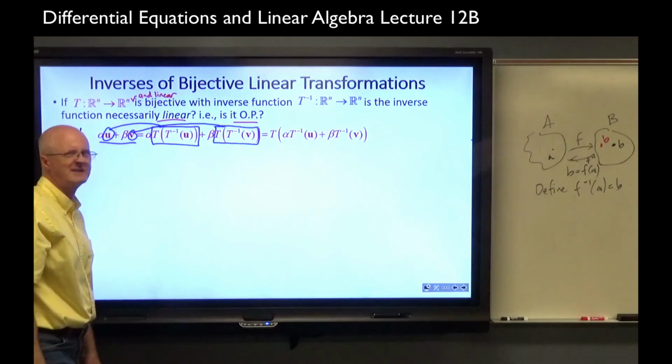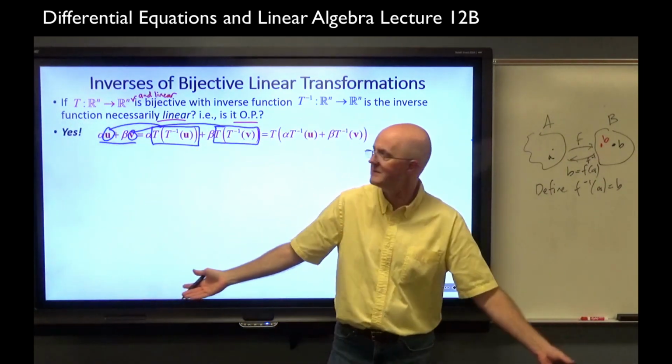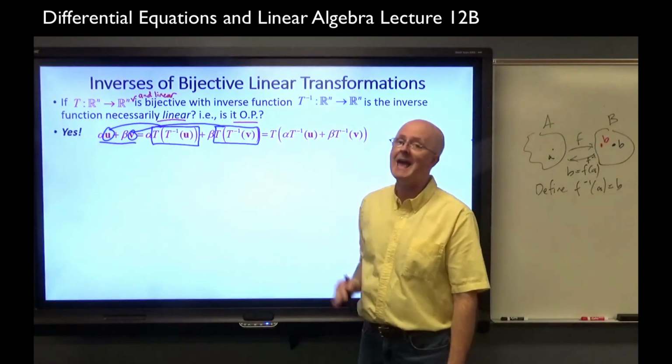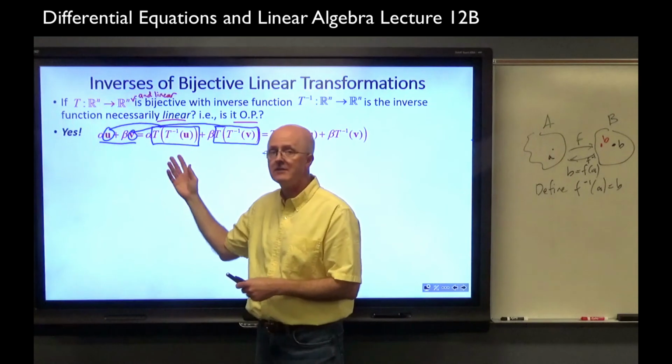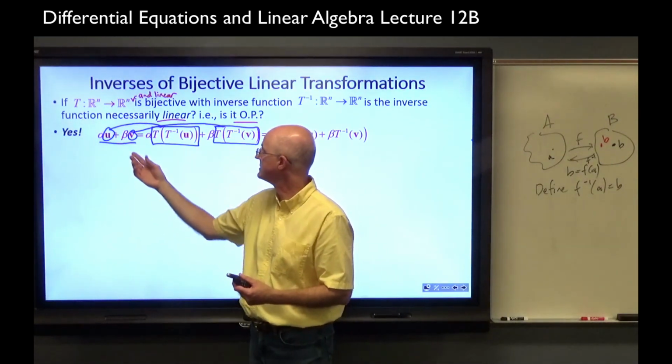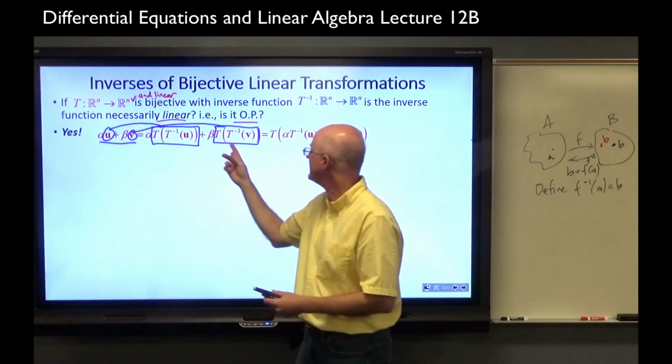And what's trickier is realizing that that's a good idea to do that in the first place. I mean, certainly you can because of the previous slide. T and T inverse are assumed to be inverse functions of each other, so therefore u would be T of T inverse of u, and v would be T of T inverse of v.